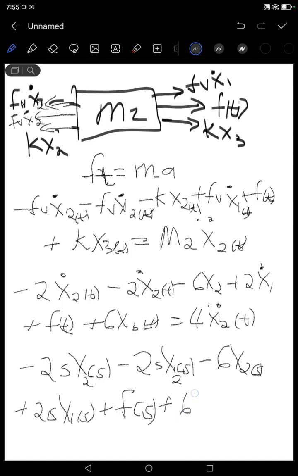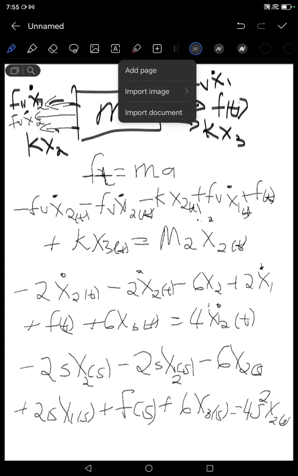Plus 6 x3 of s equals 4 s squared x2 of s. And from here we can take out the common factor x2 of s, and then we're going to have f of s like this.